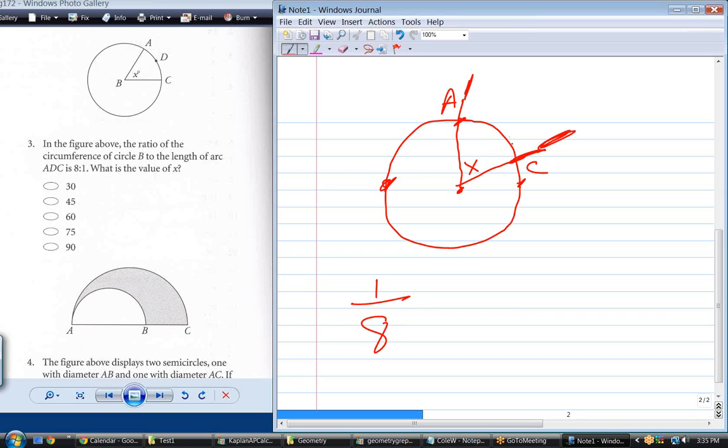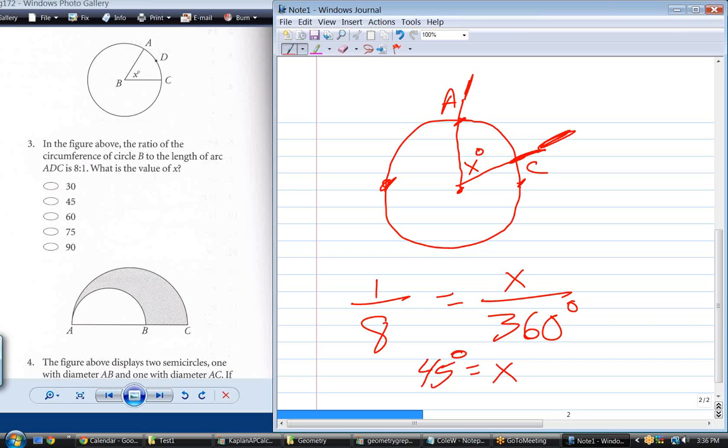This little arc segment is to the entire circumference in a 1:8 ratio, which is the same thing as x, the angle, is to 360 degrees. So now if we solve for x, we get 45 degrees, I believe. Yeah. So x equals 45 degrees.